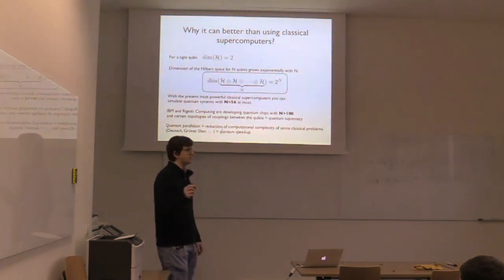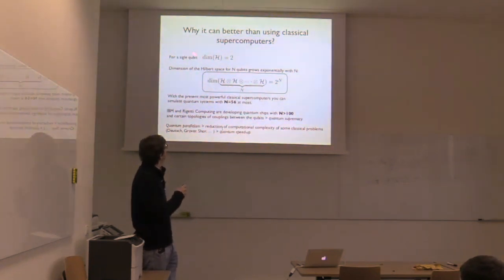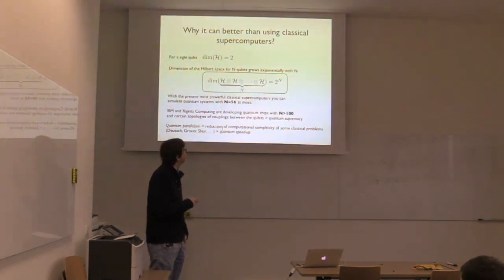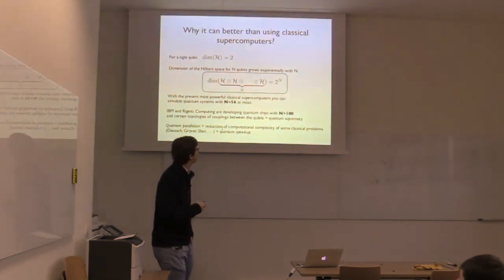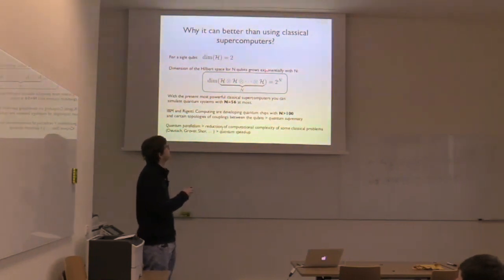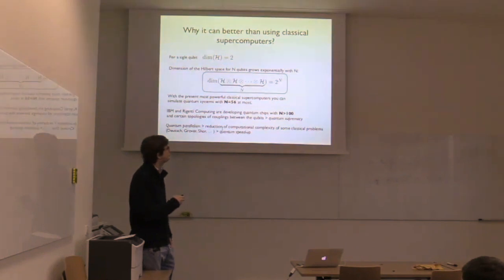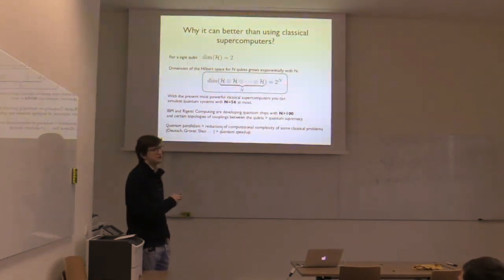When you have a single qubit, the dimension of the Hilbert space is 2. But if you have n qubits, the corresponding Hilbert space is a product of n Hilbert spaces, and we know that the dimension of this space grows exponentially with n. So if you have, for instance, n equal to 56, this number is extremely huge.